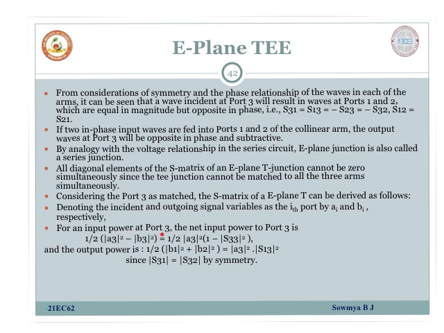Now, for an input power at port 3, the net input power to port 3 will be 1 by 2 into mod of A3 square minus mod of B3 square. We take mod of A3 square outside, because whenever I want to express the S parameters, that is the ratio B by A. So that will be now 1 minus mod of B3 square by mod of A3 square.